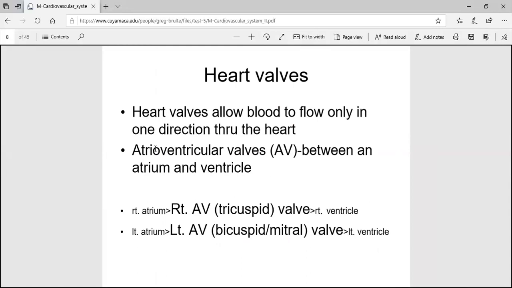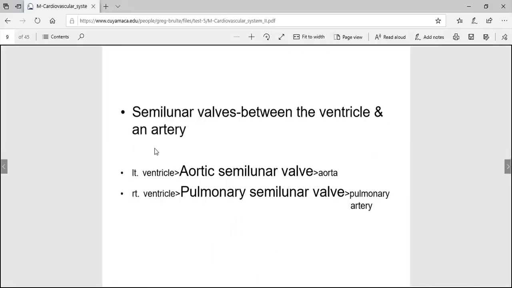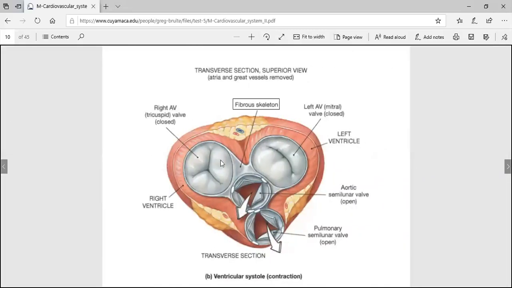The right AV is the tricuspid valve, and the left AV is the bicuspid, sometimes called the mitral valve. This is a horizontal cut, looking down from above, so you can see the 3 leaves. That's tricuspid. Here's the bicuspid, it's just got 2. That's your right AV, that's your left AV. This is your tricuspid, and this is your bicuspid, also called the mitral valve.